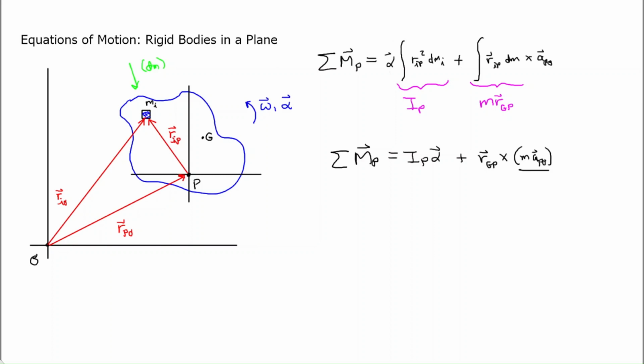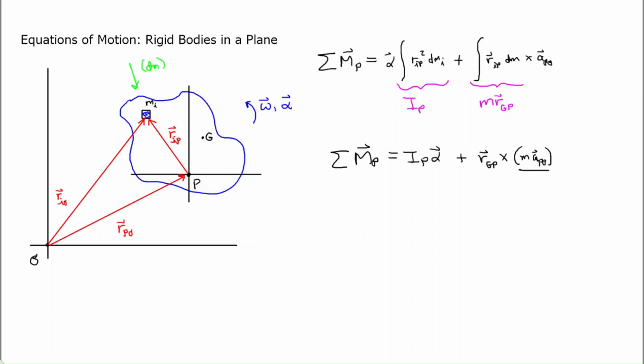So what we have to do next is use another version of some kinematics to turn this acceleration PO into acceleration GO, and there'll be some other adjustments that go along with that. Let me remind you of the kinematic equation. It'll look similar to the one we used at the beginning.